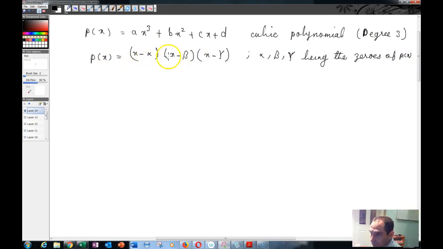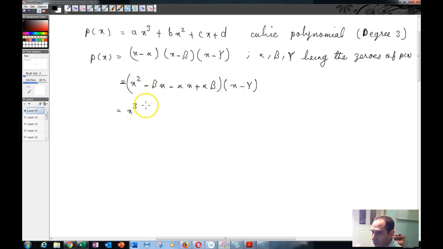So now if you multiply these two first, you would get x squared minus beta x minus alpha x plus alpha beta, and then that is times x minus gamma.